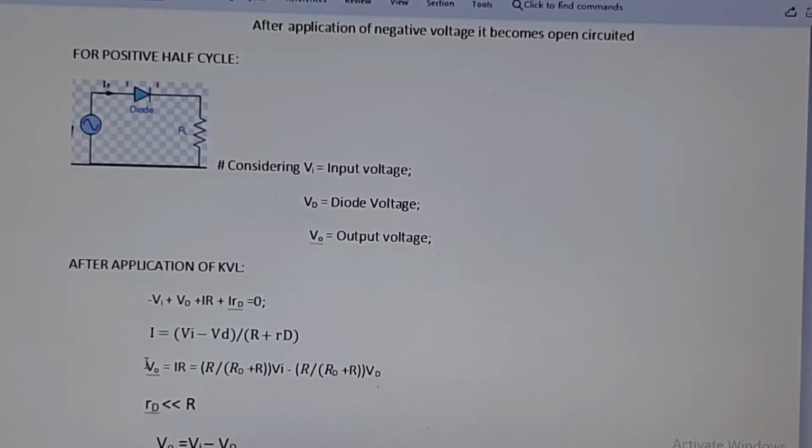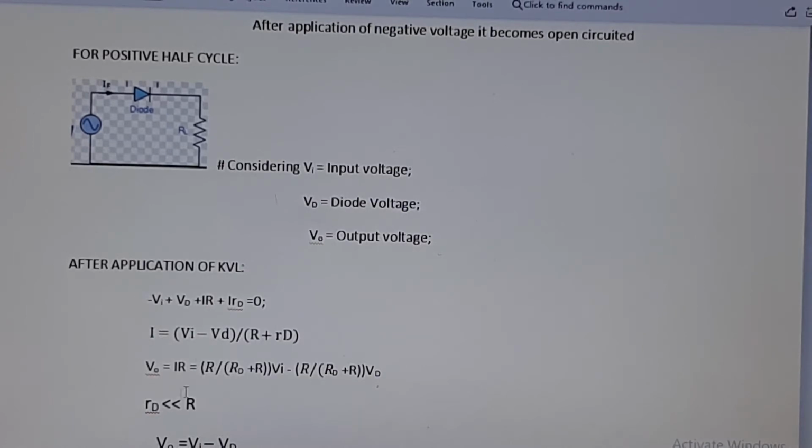If we solve this, we can find that I is equal to (Vi minus Vd) by (R plus RD), and the output voltage VO is equal to I times R. From this we find that VO is equal to R by (RD plus R) times Vi minus R by (RD plus R) times Vd.